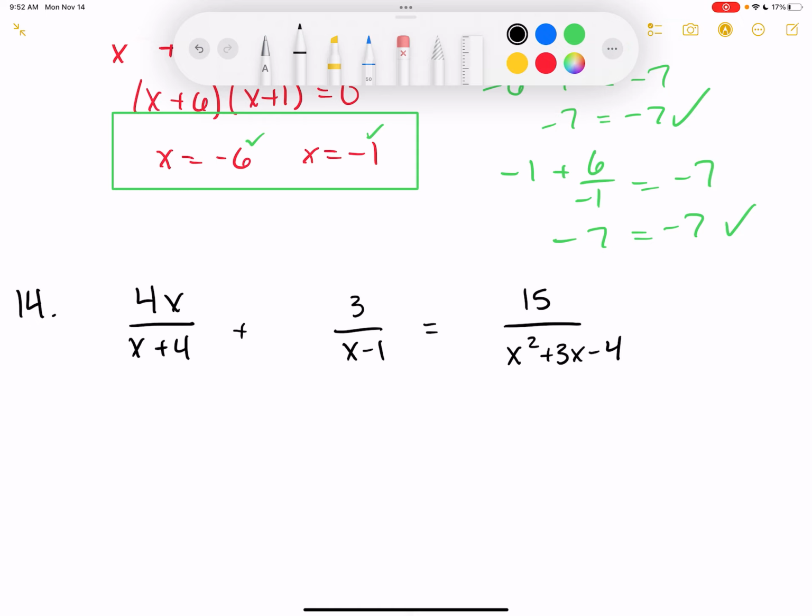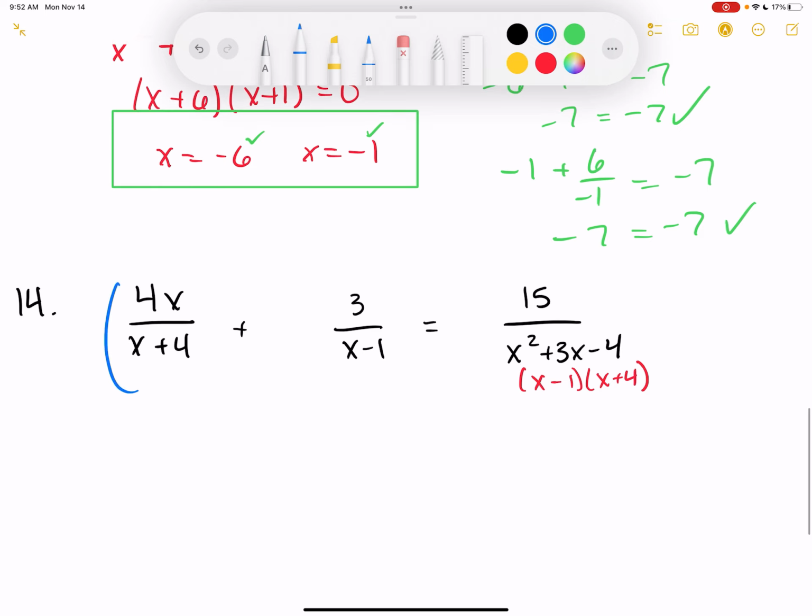What does this factor into? -1 and 4. So this is (x minus 1)(x plus 4). Now, what do you see? Those are the same thing. So I'm going to multiply the whole thing now by (x minus 1)(x plus 4). You'll see why in just a second.